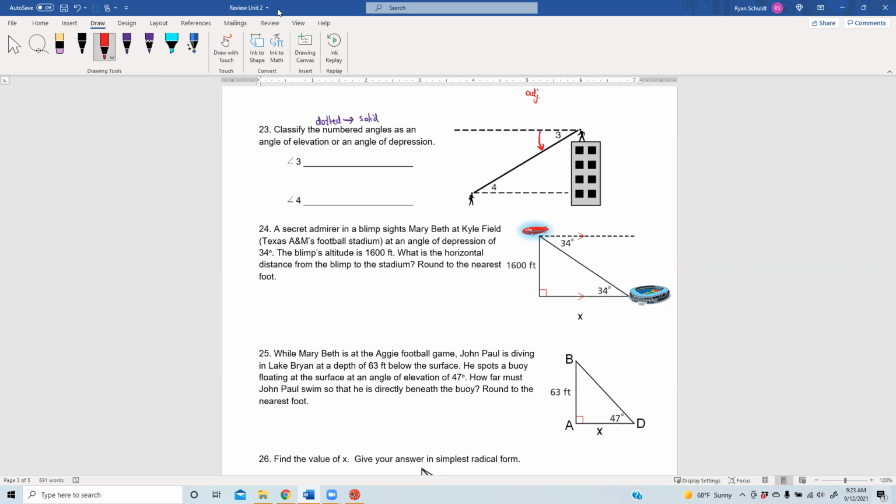Which one is that? That's an angle of depression. Angle 4, he's looking up. So that's an angle of elevation.